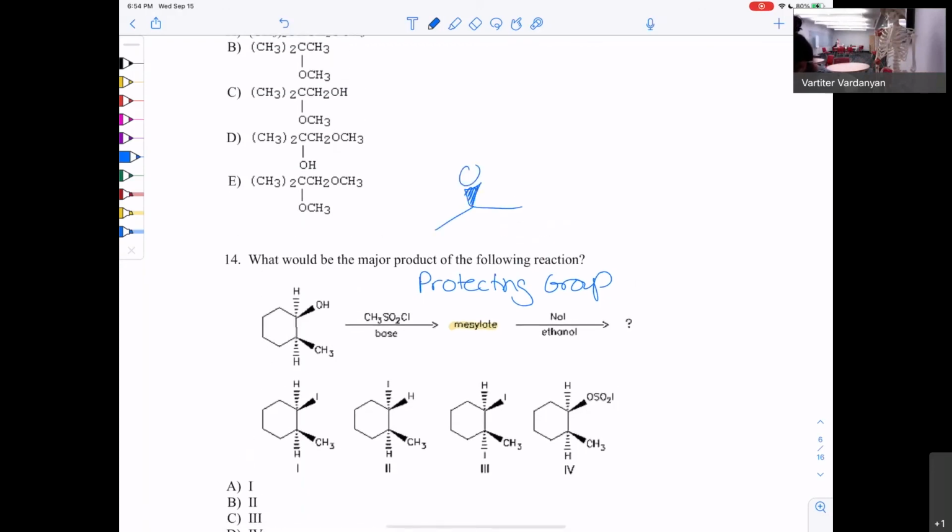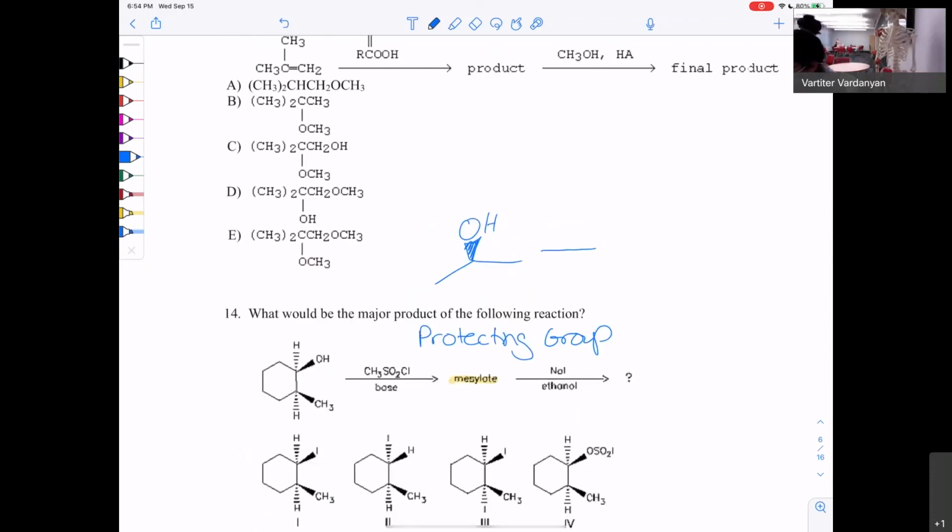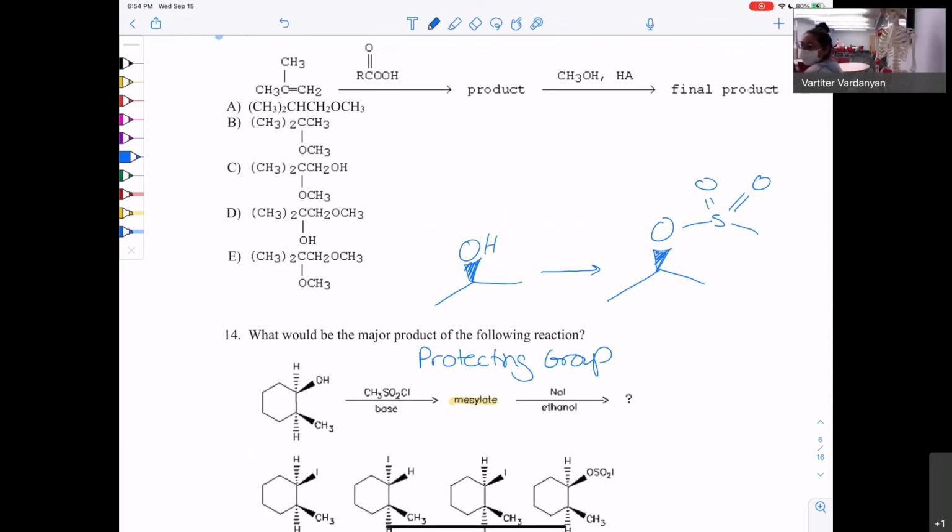Mesylate and tosylate are going to take this OH and basically grab the O and attach it to the mesylate group, like so. And that is going to keep the stereochemistry exactly the same.